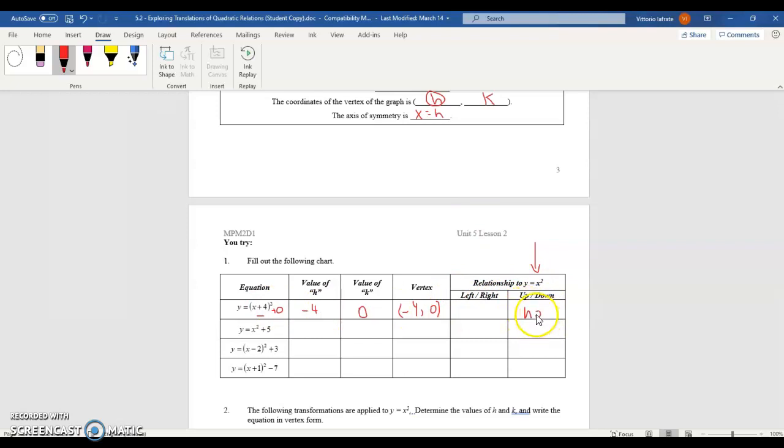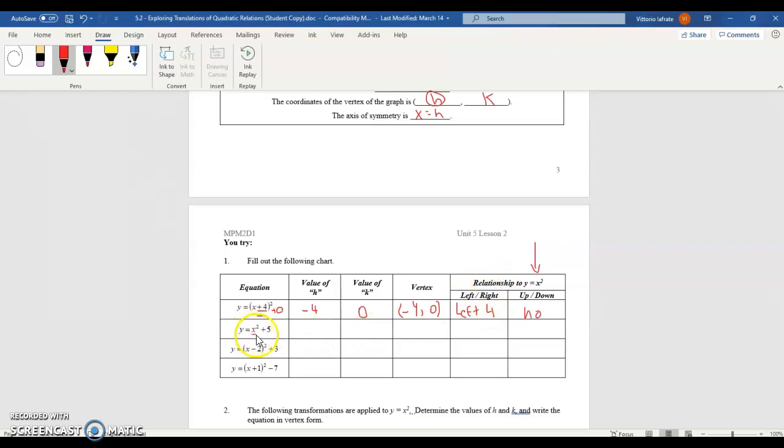We don't have a k there, so we know that. We do know that it is a shift either left or right. It's a horizontal shift. And since our h overall is negative, what that means is that this is a shift to the left by 4 units.